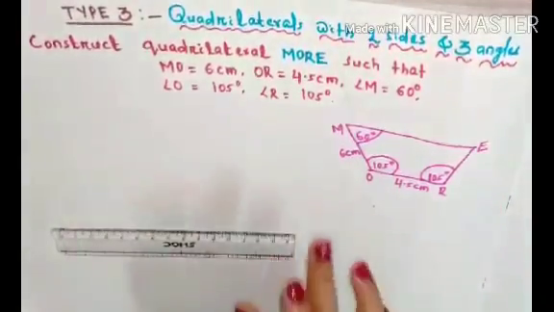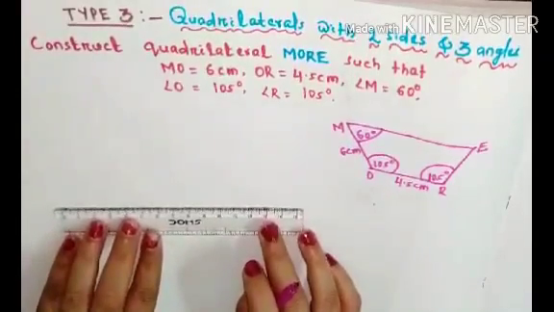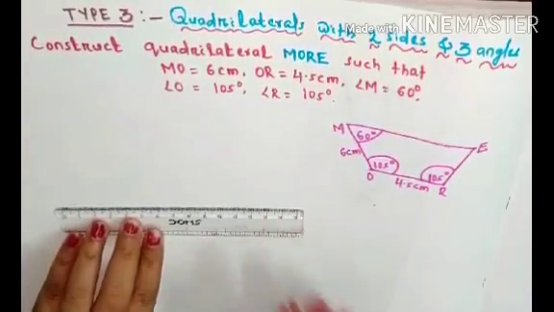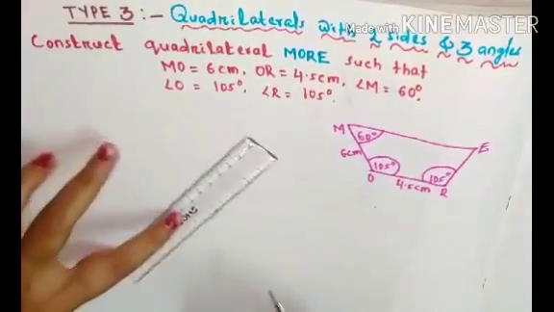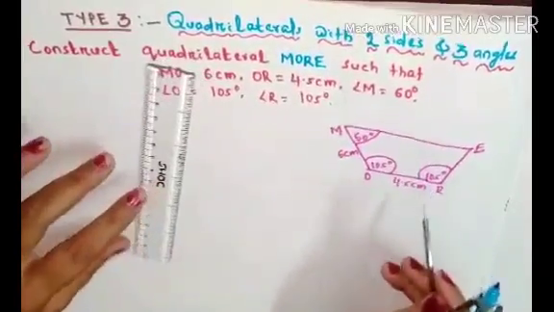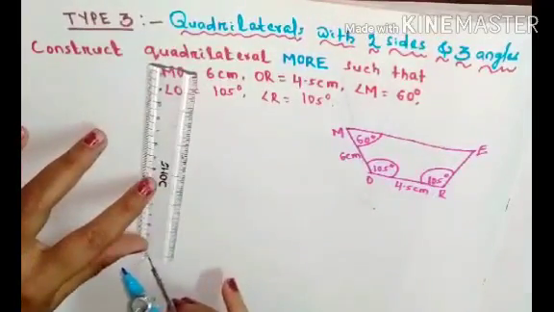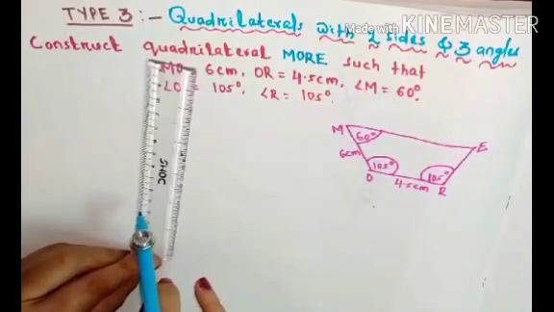So first I have to draw a line segment. So see how I am doing. First, look here. Your OR is 4.5 centimeter. That means you have to take 4.5 centimeter.